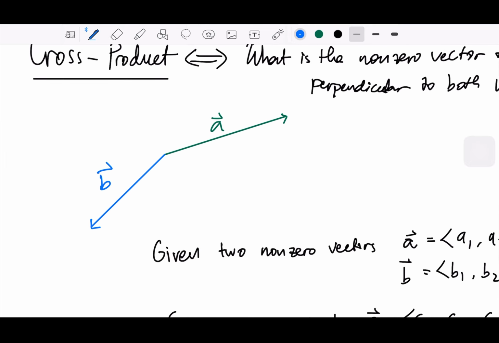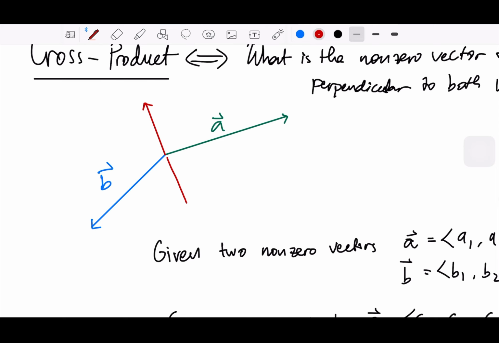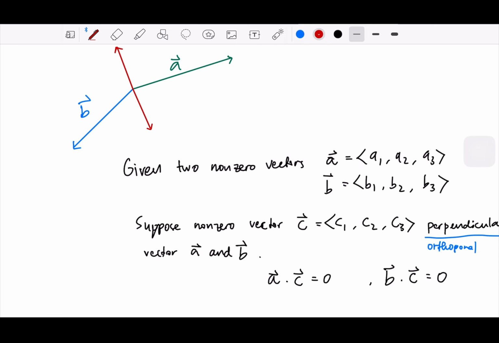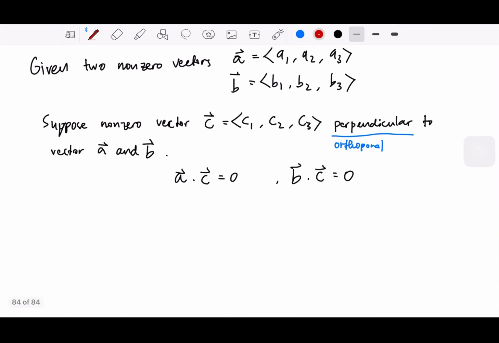Which means C is probably going around maybe here, or maybe here, depending on whether you have B cross A or A cross B. But anyway, let's look here, where we can develop these two equations at least.